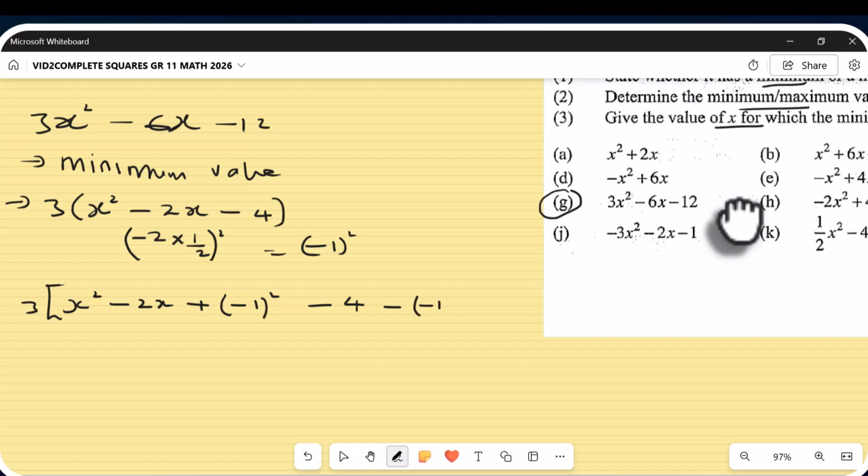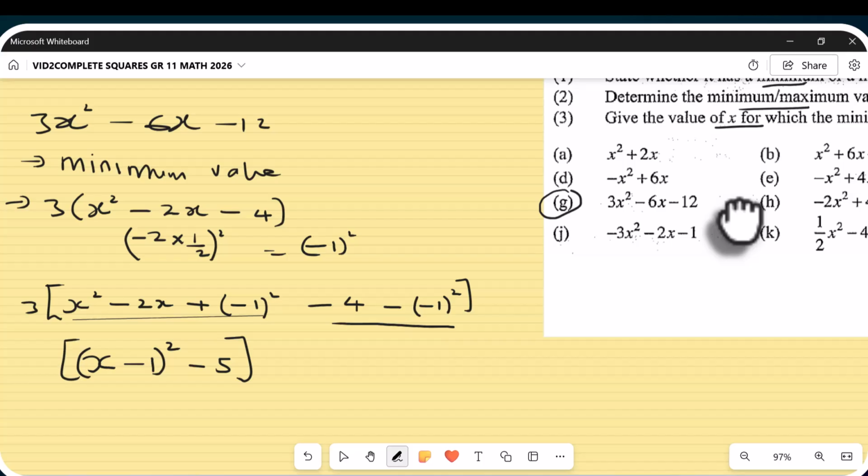All right, so now this expression which you see here, it's a perfect square, which is going to be x minus 1 bracket squared. And then the remaining expression here is going to be simplified now. Minus 4 minus 1 gives us minus 5. Now open big bracket here, multiply by 3.